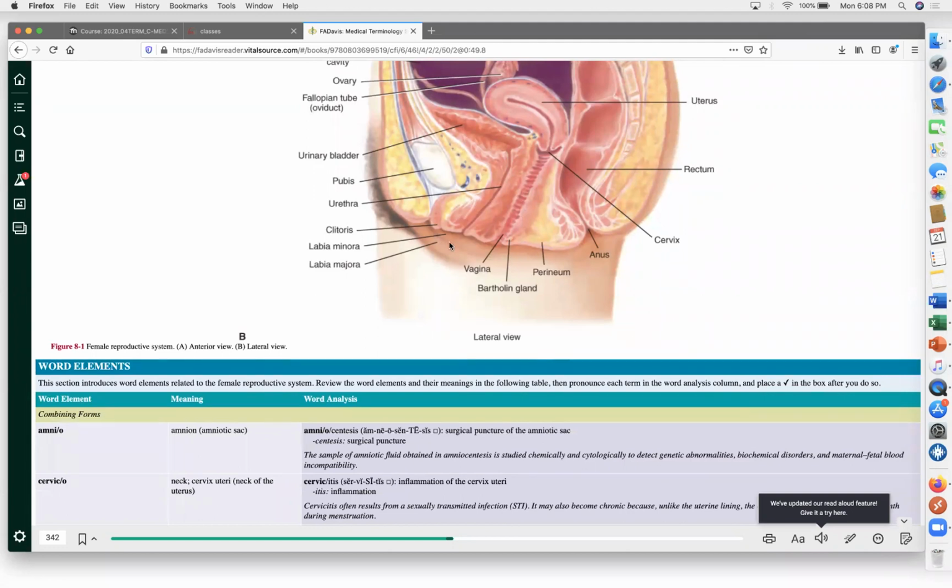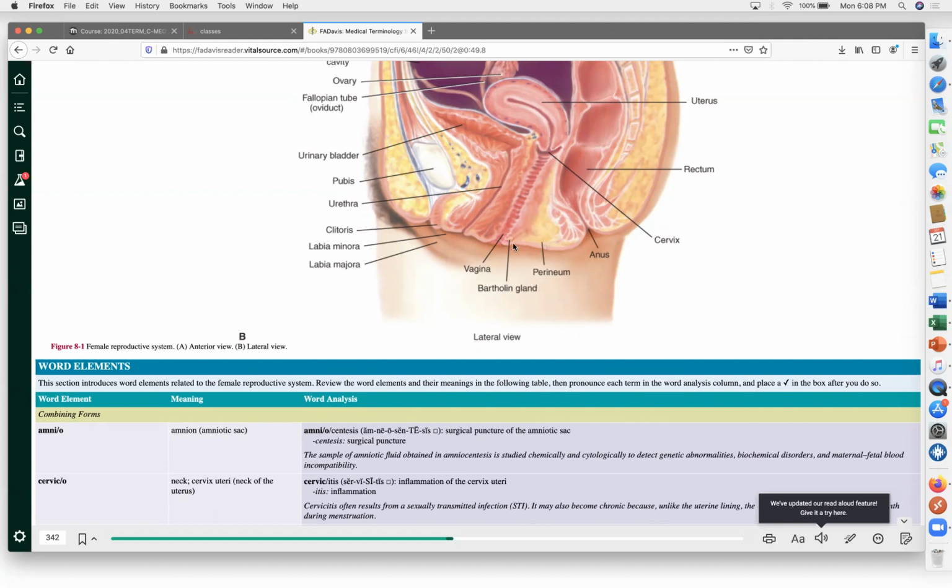You have your labia majora and your labia minora, of course, major and minor coverings for not only the urethra, but also for the vaginal canal as well. The space in between the vagina and the anus is called your perineum.